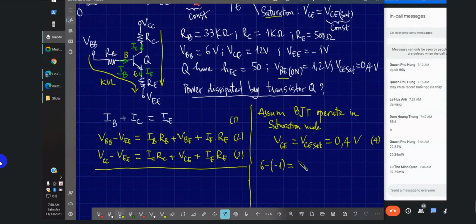RB is 33, so 33 IB, and then plus VBE, 1.2 volt.